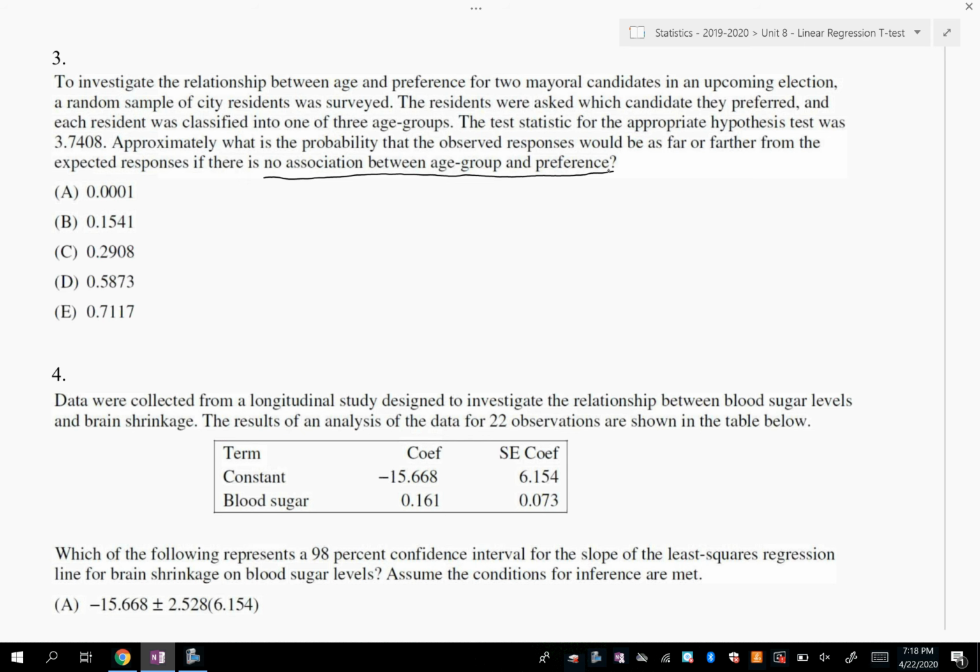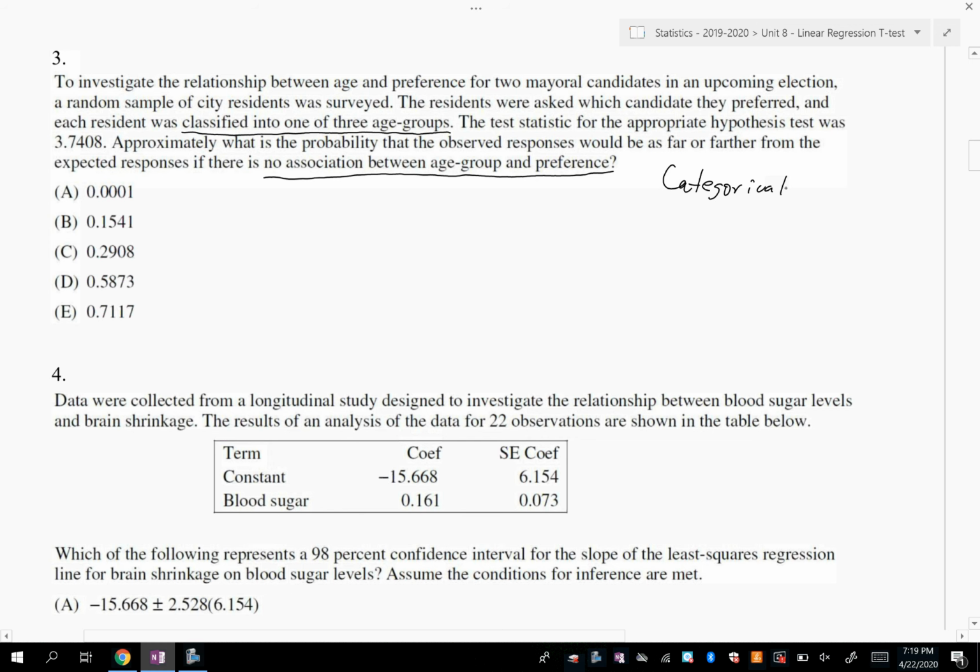So even though age, you think, oh, it's a number, it's quantitative, they're putting them into 3 categories for age, right? 3 age groups. So they're making it into a category. And when you're just choosing a mayor, your preference for mayor, that is not quantitative. So this is categorical. And ultimately, that means we're using chi-squared.